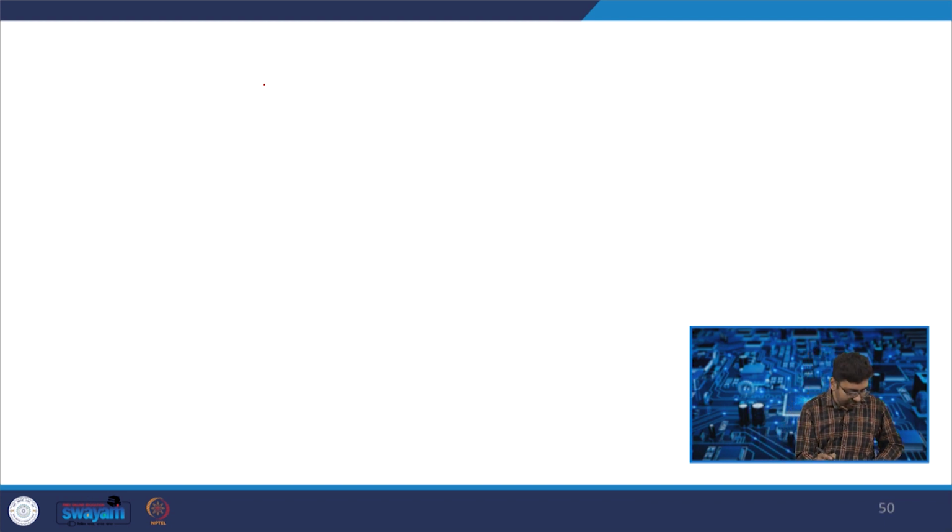If we also consider the noise due to the RL in that circuit, this is an on resistance R on, and then there is a switch and there is a noise due to RL.